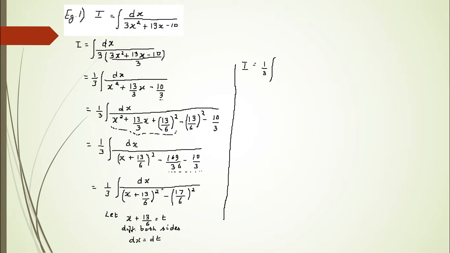Now dx is equal to dt, so I can write dt here, and x plus 13 by 6 is equal to t, so I can write t square minus 17 by 6 whole square. Right? Now we can use the formula. We can use this formula.